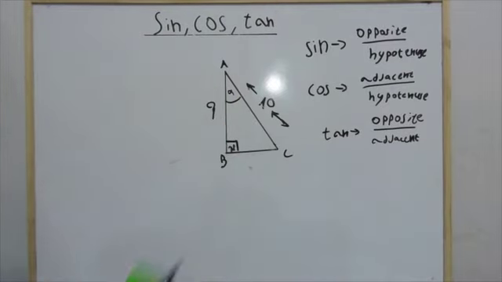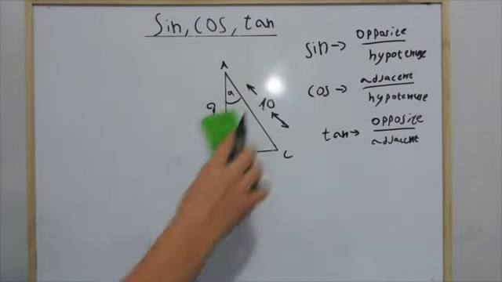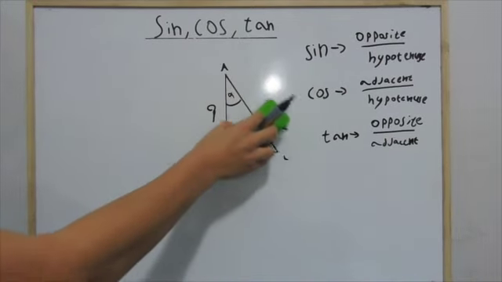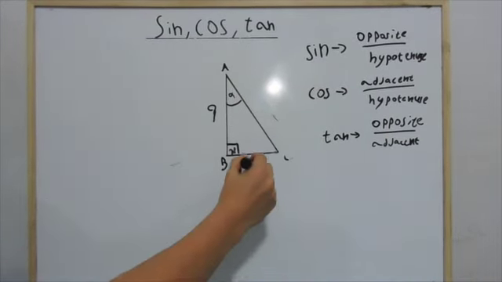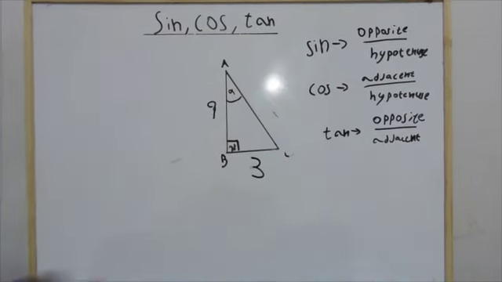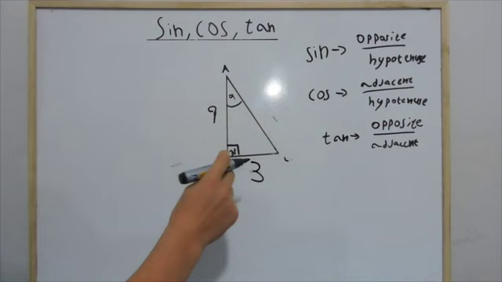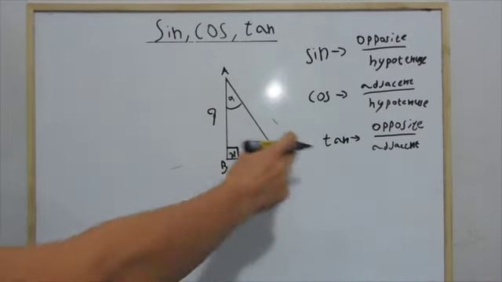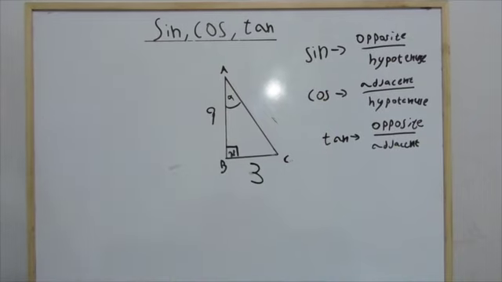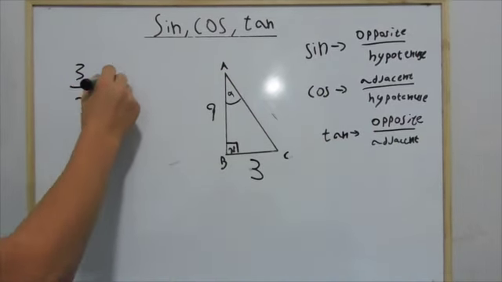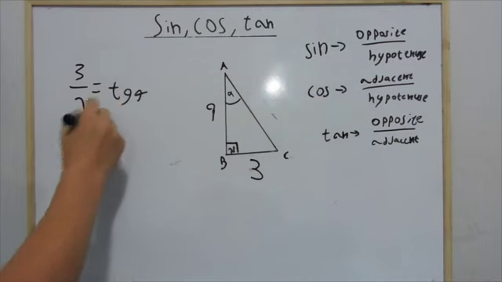Okay, so let's say this is 3. Okay, so tangent is the opposite divided by the adjacent. So our opposite to alpha is BC, which is 3, and our adjacent is 9. So 3 divided by 9 equals tangent alpha.